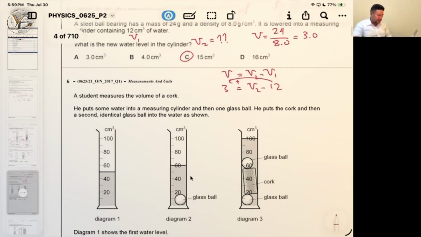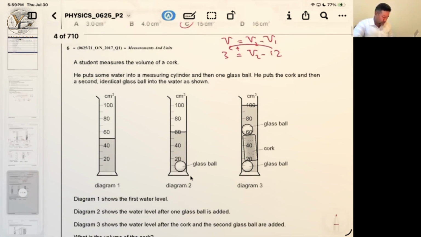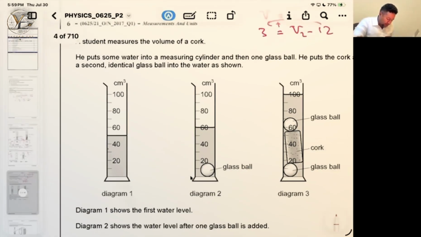Regarding question number 6, a student measures the volume of a rock. He puts some water into a measuring cylinder, and then one glass bowl, he puts the cork, and then a second identical glass bowl into the water as shown. So here is the volume of the liquid in the beginning. We have 20, we have 40.